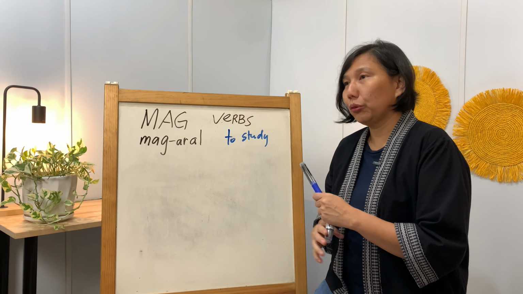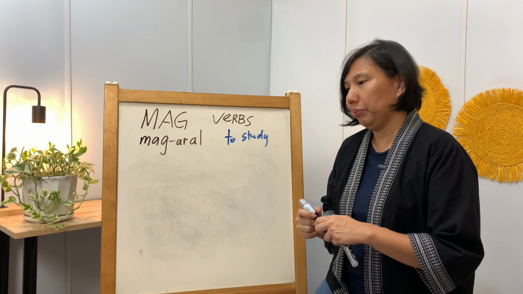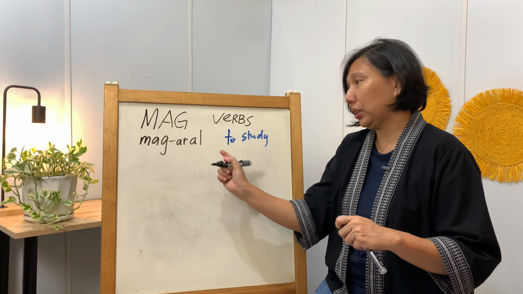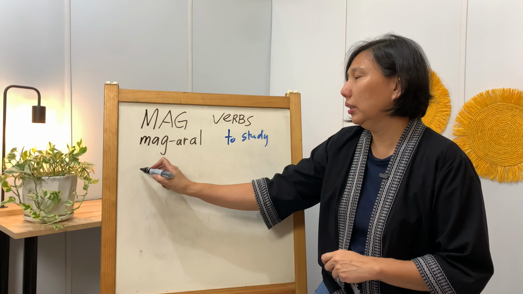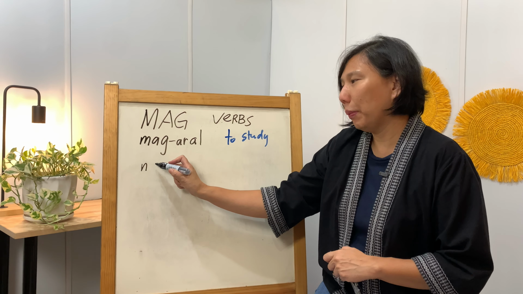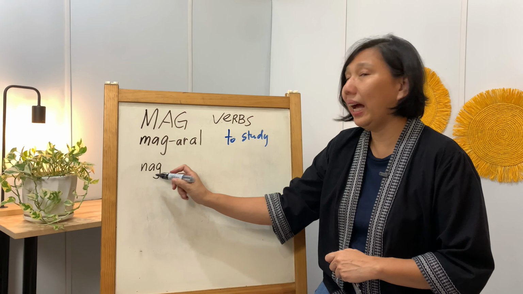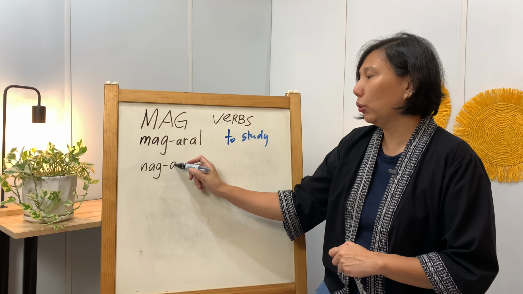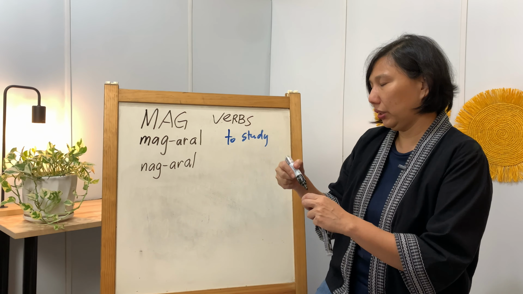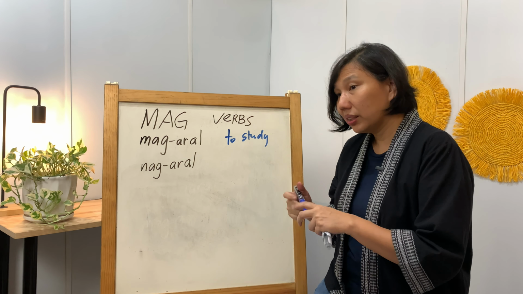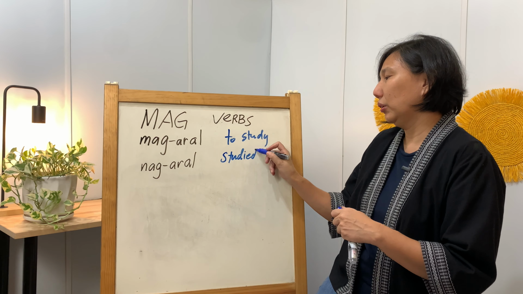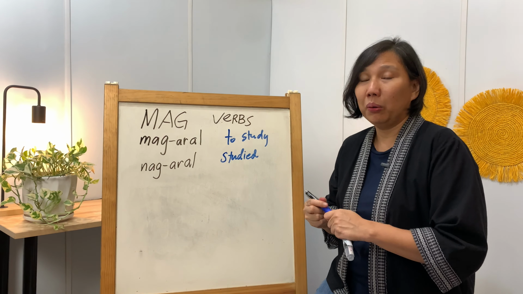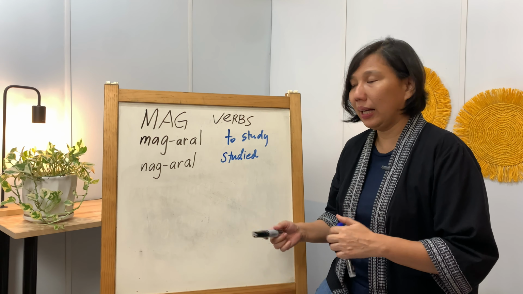To form the past or the completed action of mag-aral, we change the M to N. So your prefix mag becomes nag, and then we attach the whole root. This is your studied, your past form, or in Filipino, the perfect aspect.